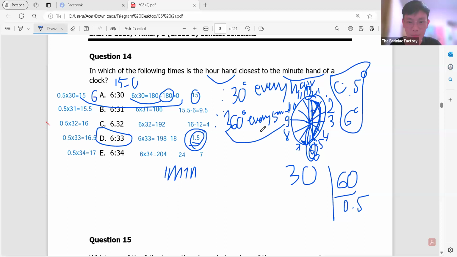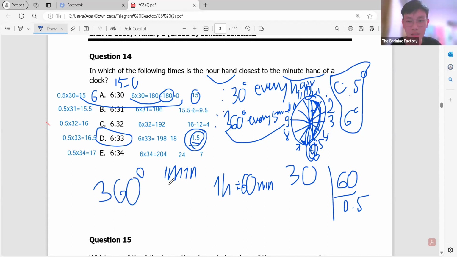Okay, to find that, you all know that 1 hour we're having 60 minutes, right? And the whole clock we're having 360 degrees. So consider the minute hand. After 1 hour, it moved from 12 back to 12, over the circle of the clock. Start from 12 and end at 12 as well.